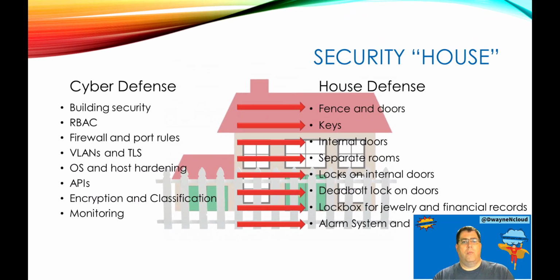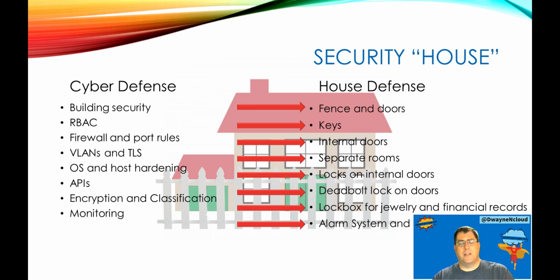And when we think more and more about security, we can think about building a secure house and how we architect our house to protect our belongings and our family. Security and networking within the Azure environment work very similarly. When you think about the building security, we have fences and doors to our house.